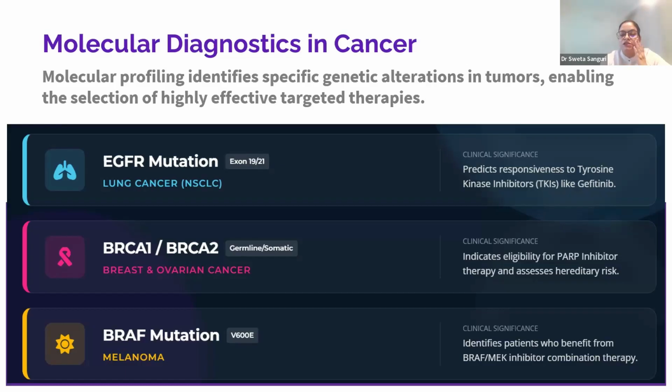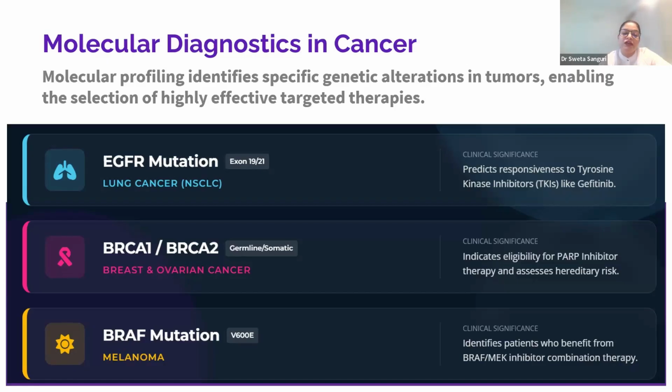Hereditary risk for these cancers is very high, so this can be assessed. If someone in the family or a few people in the family have ovarian cancer or breast cancer, they can get checked for BRCA mutation, and the risk of developing cancer can be identified very early on.